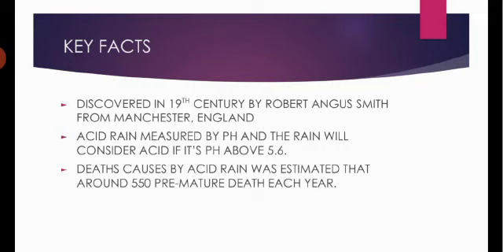The acid rain was measured by pH, and the rain will be considered acid if its pH is above 5.6. Death caused by acid rain was estimated at around 550 premature deaths each year. Wow, that is very tragic and shocking.